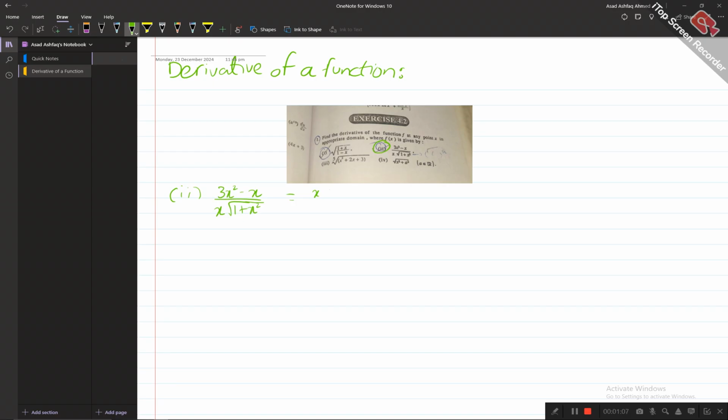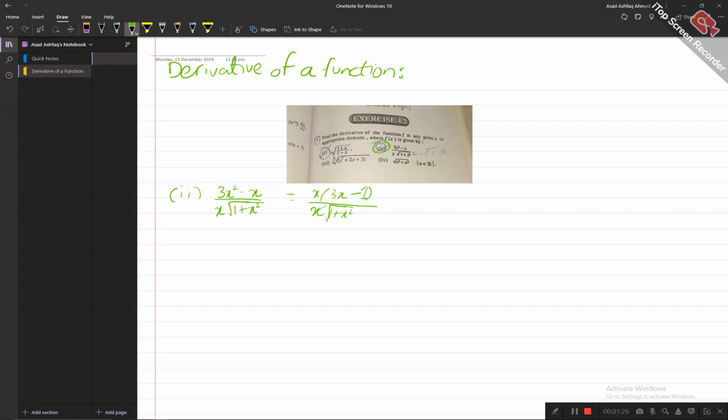So we have x into (3x minus 1), and the denominator remains the same, that will be x into square root of 1 plus x square.